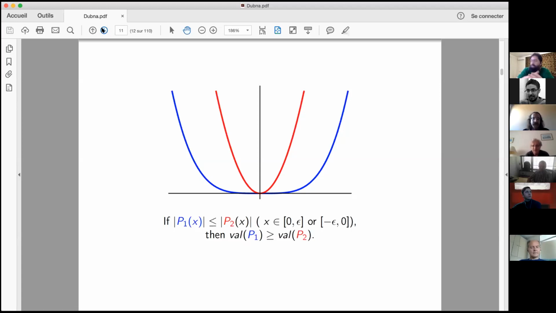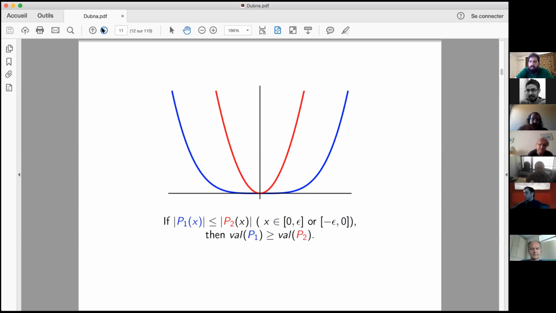So if you know the valuation, you know roughly the size of the polynomial near the origin. Okay, that's all we need to prove the theorem of Conceivage.